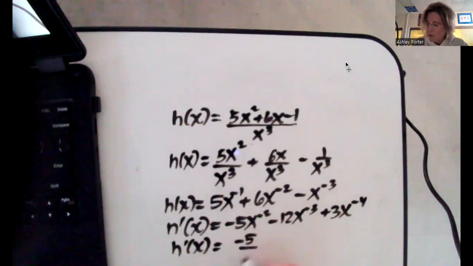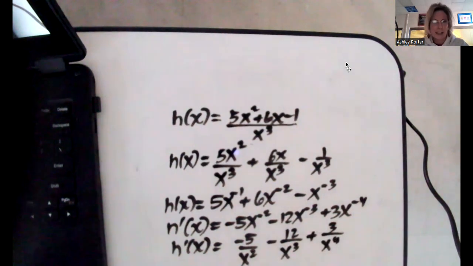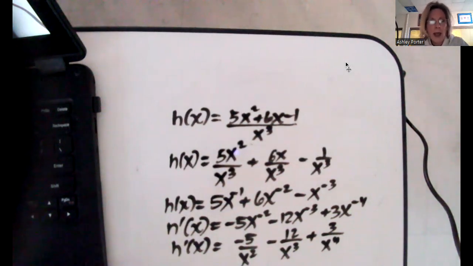So negative 5 over x squared minus 12 over x cubed plus 3 over x to the fourth. And there we go. I hope that's the exact same answer we got a second ago. I didn't check. But again, if you don't have to whip out the product or quotient rules, don't. Stick with just basic power rule.